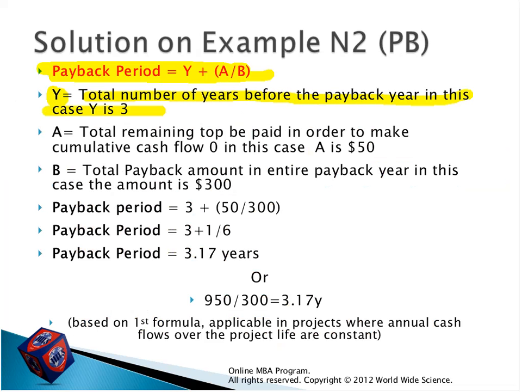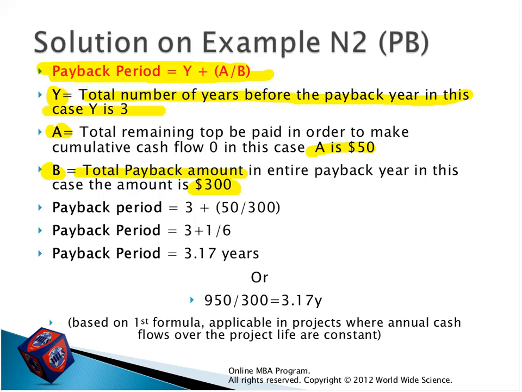A is the total remaining amount to be paid in order to make the cumulative cash flow 0. In this case, A is equal to $50. And B is the total payback amount in the entire payback year, in this case an amount of 300 USD.